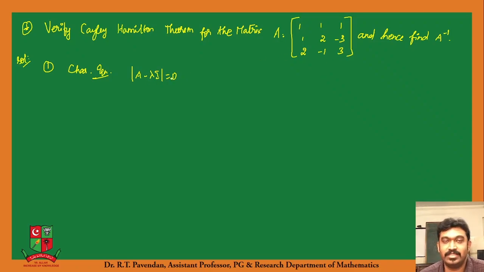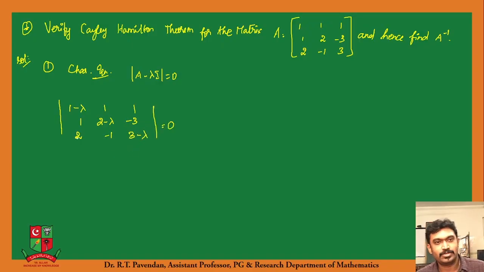For that we have to take the determinant. So this is nothing but the determinant of [1 minus lambda, 1, 1; 1, 2 minus lambda, minus 3; 2, minus 1, 3 minus lambda]. We have to equate this to 0. There is an easy method to find this out.